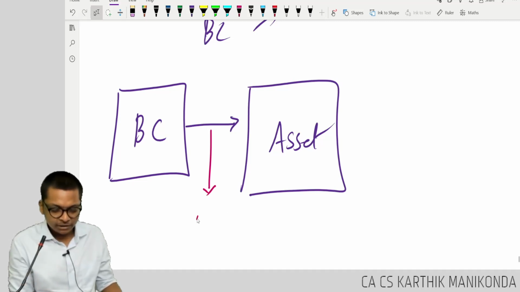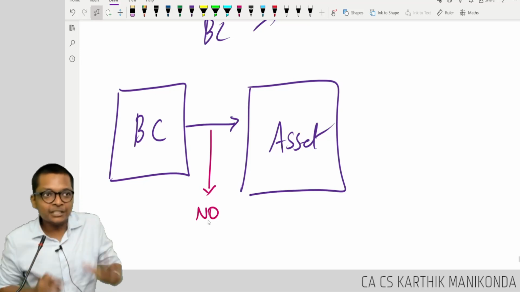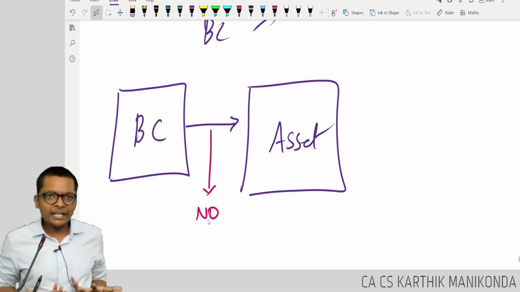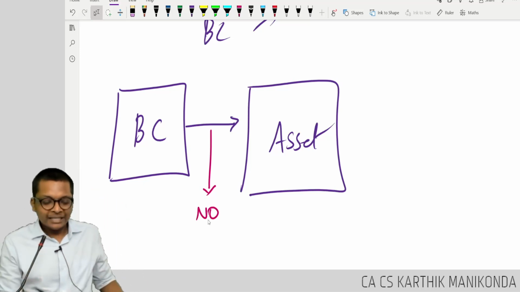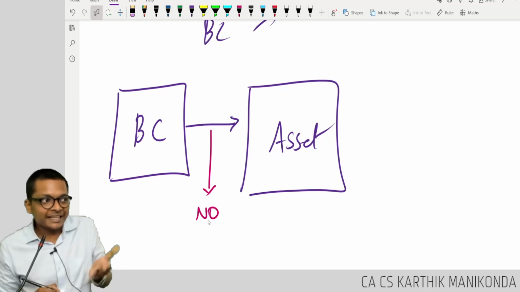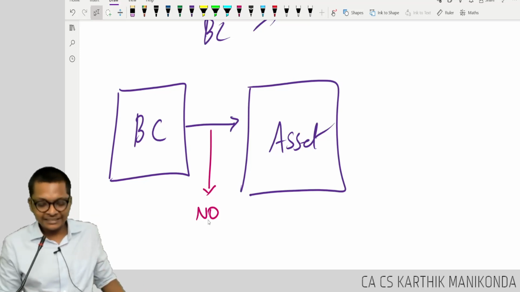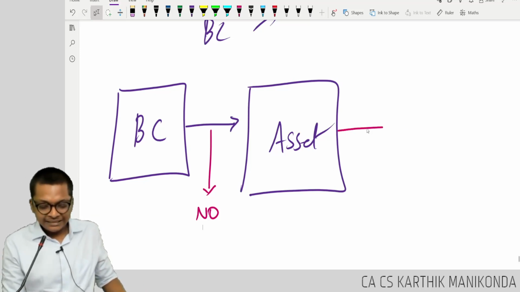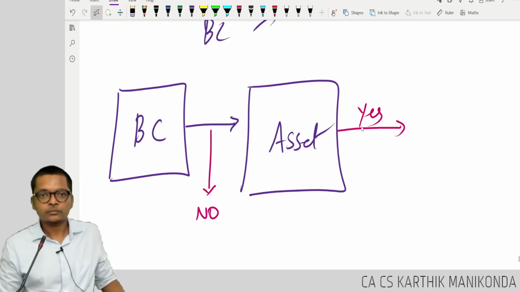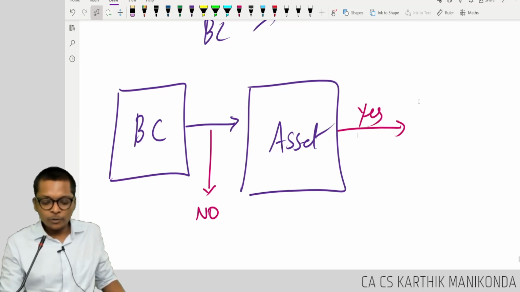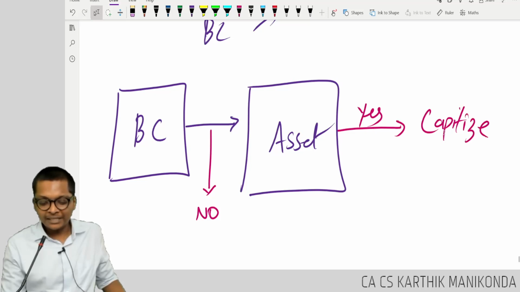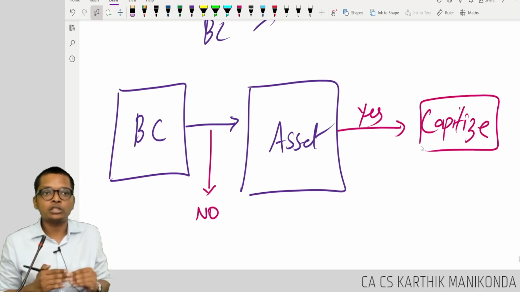If the answer is no, the standard is not applicable. No need to check the standard anymore. If yes, it is for creation of an asset, then you will proceed and do what, guys? Capitalize and debit to the cost of the asset.